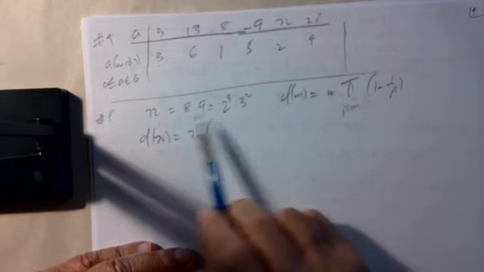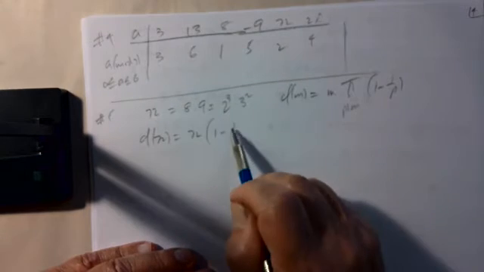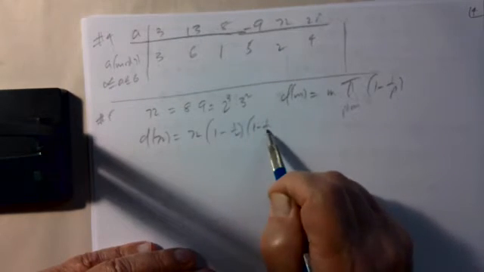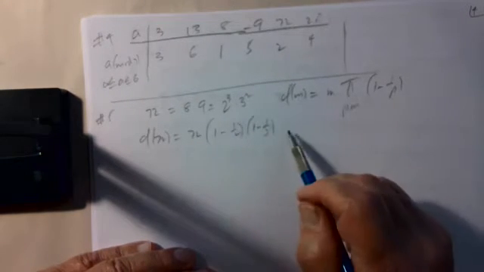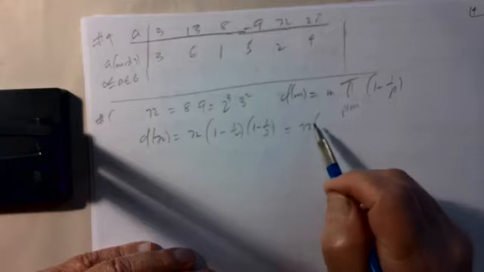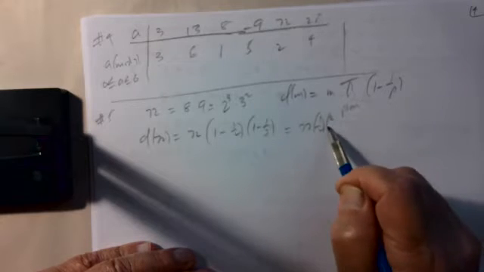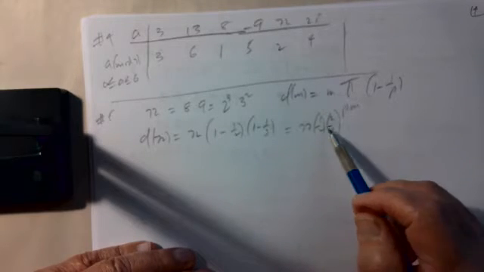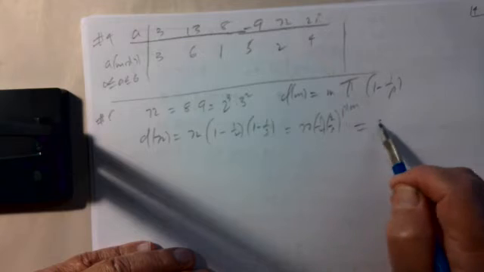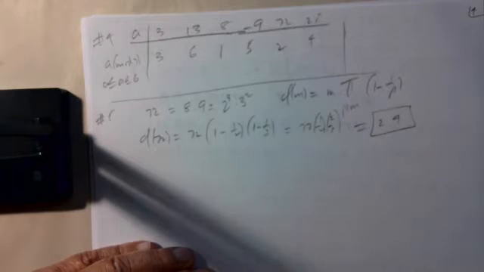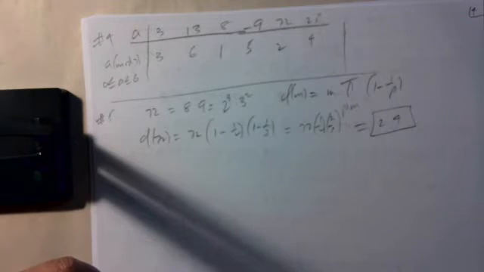The primes that divide 72 are 2 and 3. So you get 1 minus a half, 1 minus a third. This is 72 times a half times 2/3. This is 1/3 of 72. That's 24. Right.